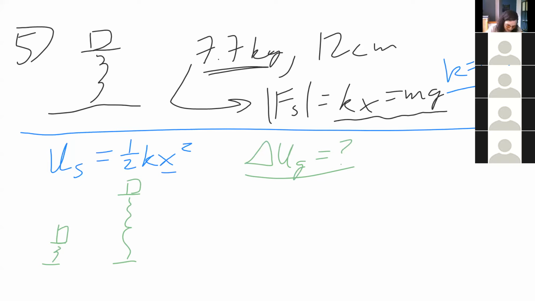When the spring is compressed, we obviously have some potential energy due to the spring initial. And you could say that we have some gravitational potential energy because it will still be some height off the ground. So why not say we have some gravitational initial? And then what about in our final situation? What would our spring potential energy be?